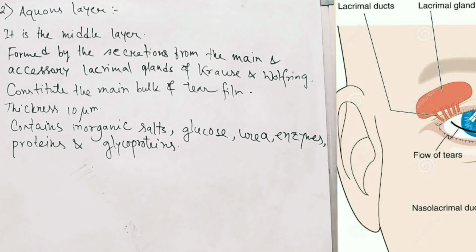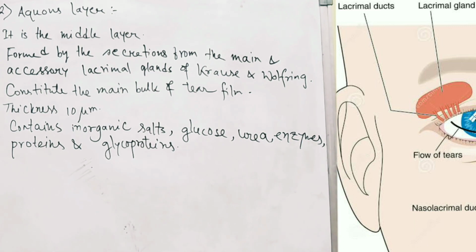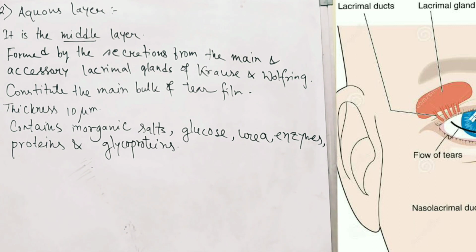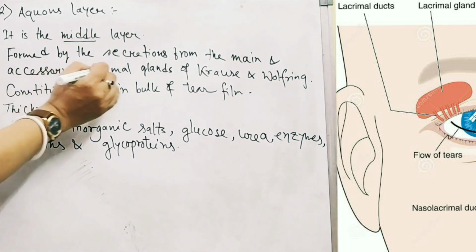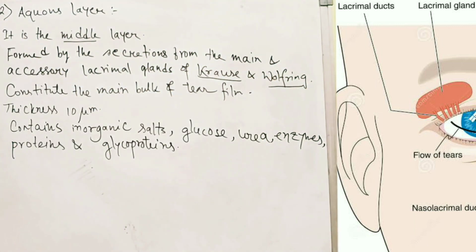Moving to the next important layer, the aqueous layer, which is the middle layer of the tear film after the lipid layer. This layer is formed by the secretions from the main and accessory lacrimal glands of Krause and Wolfring.